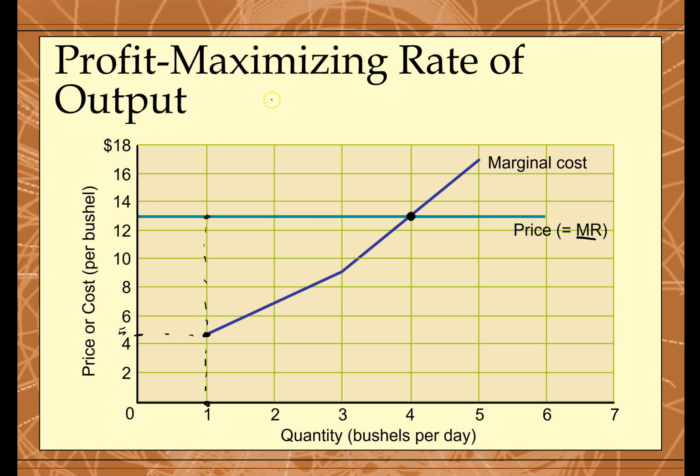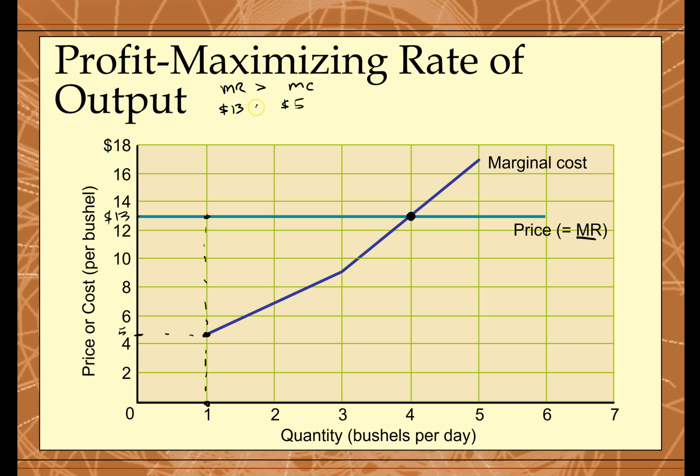Costs went up by 5, so MC is $5, but MR is $13. So MR is greater than MC, you can see that, right? This tells you to increase the rate of output.